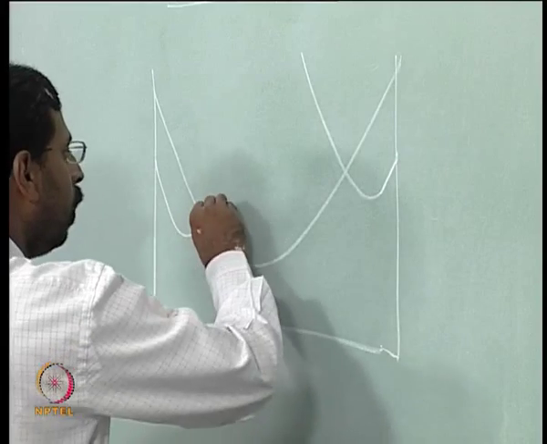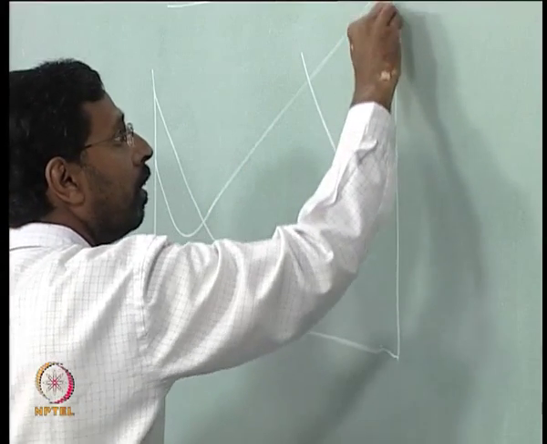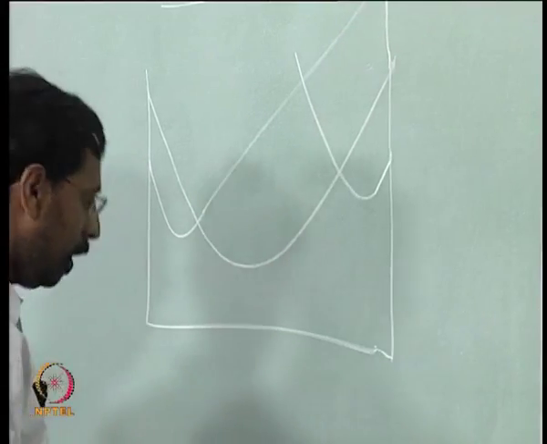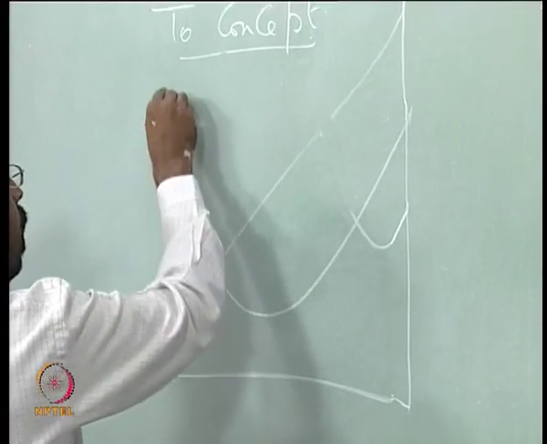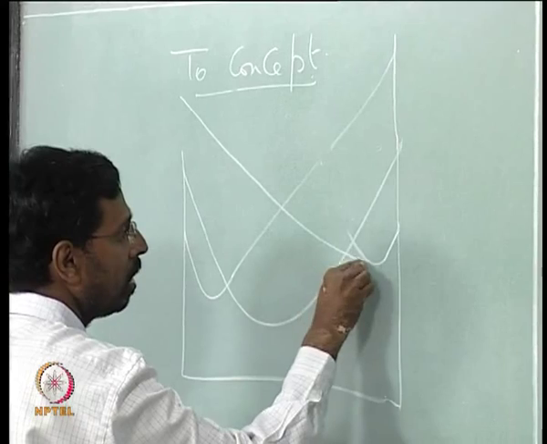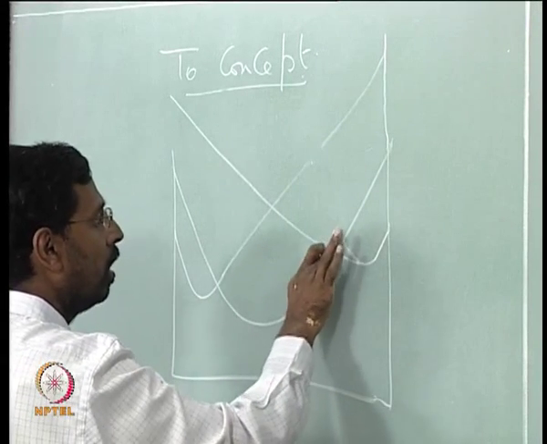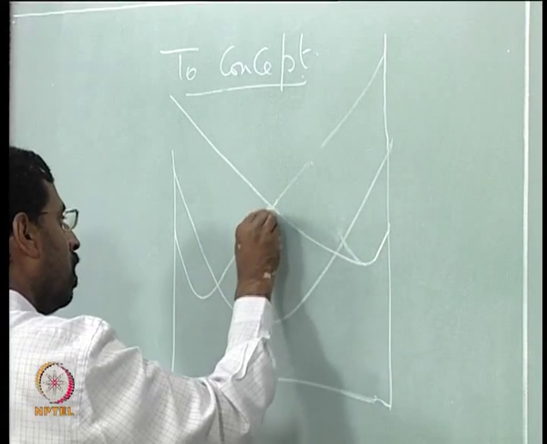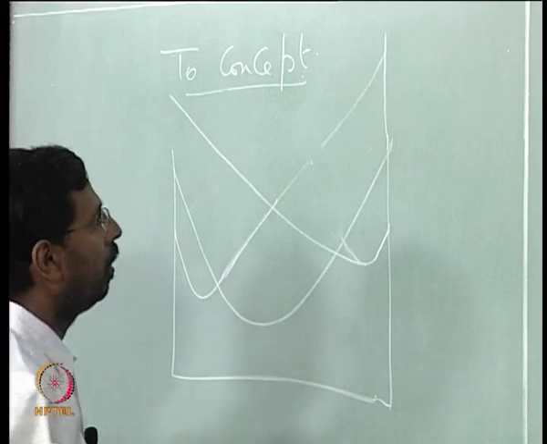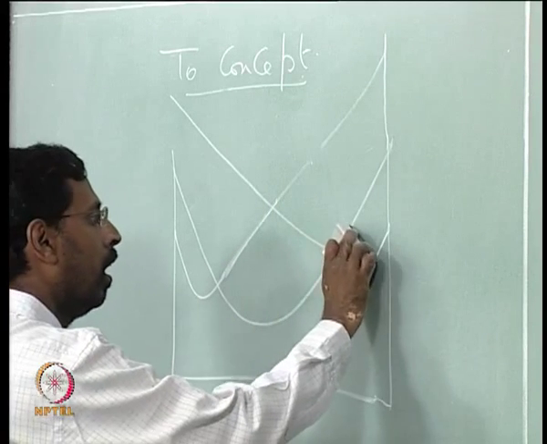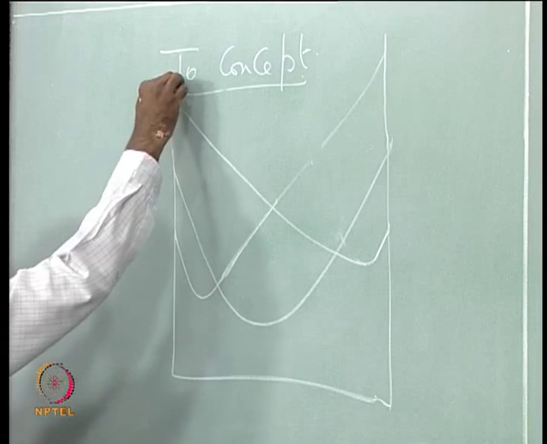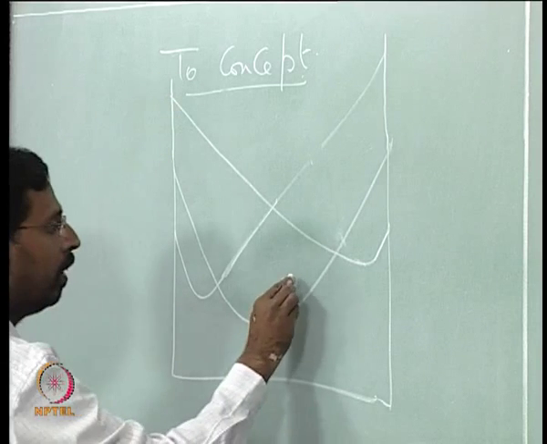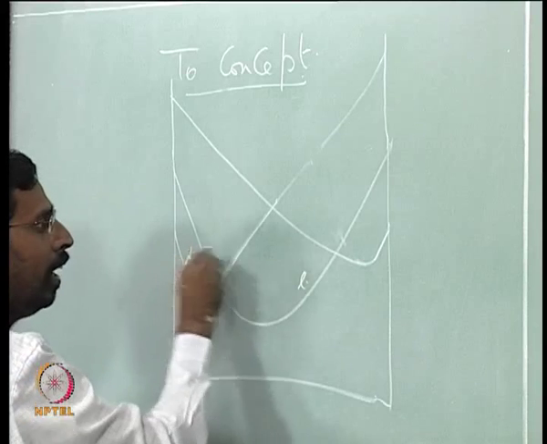This fellow will go and somewhere hit here, and similarly this fellow also will go and hit somewhere. Okay. Fine, I have 3 free energy curves. I will call this liquid, I will call this alpha, I will call this beta.